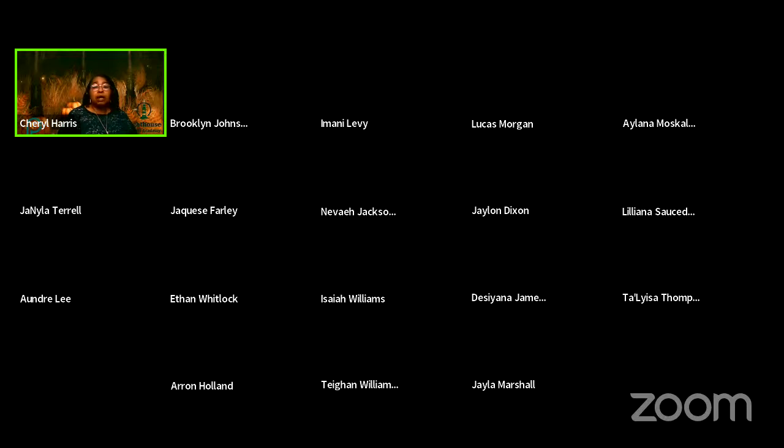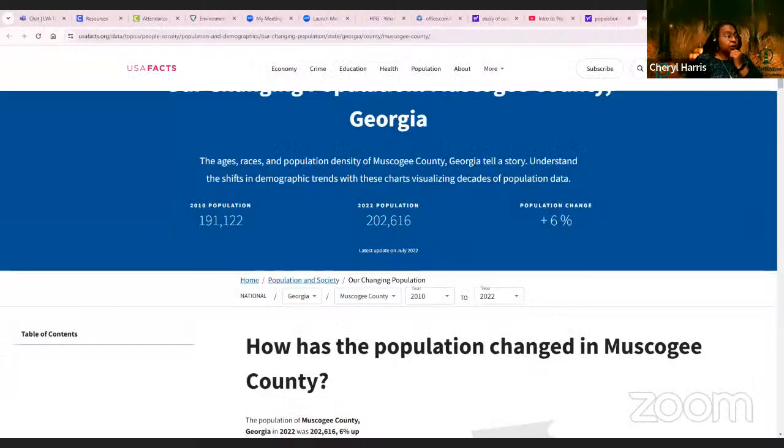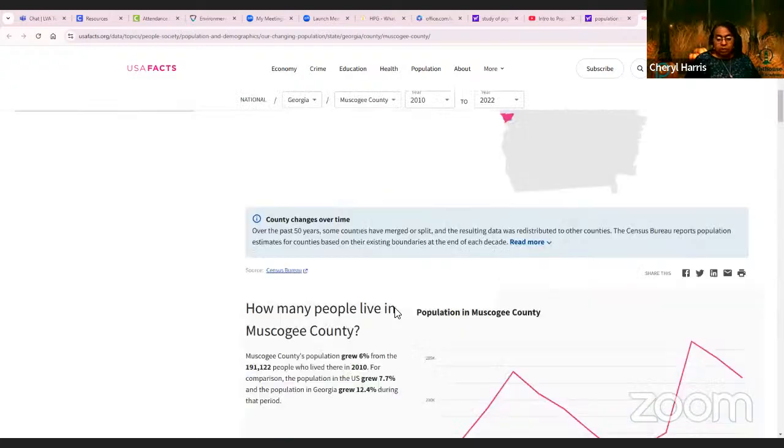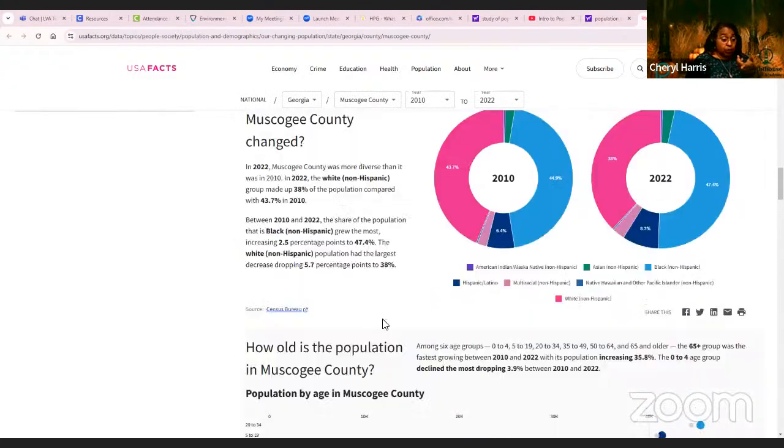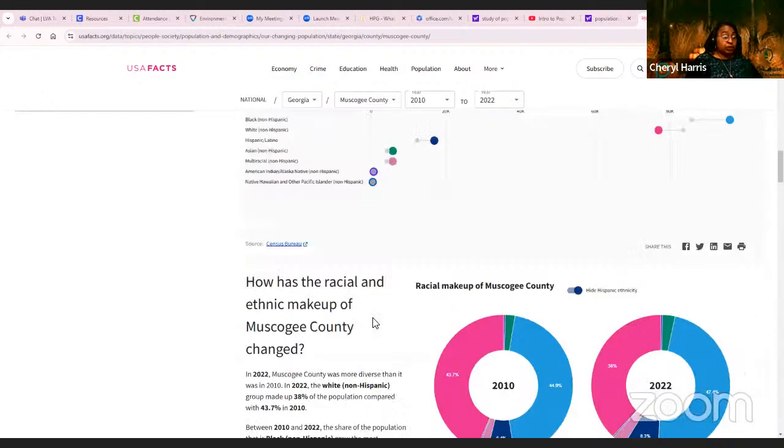Anybody still blocked? Okay, I'm going to share this again. Hold on one second. Okay, folks, for example, you see the bold statements, those are your headings. All of these are questions, and you want to answer these questions.